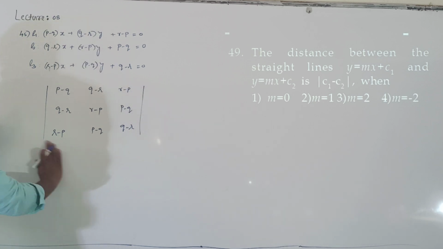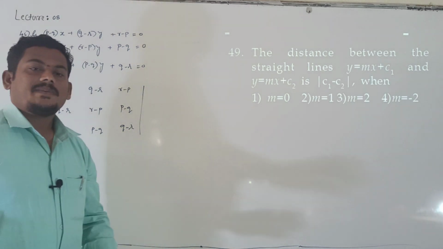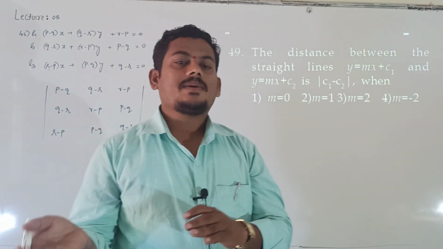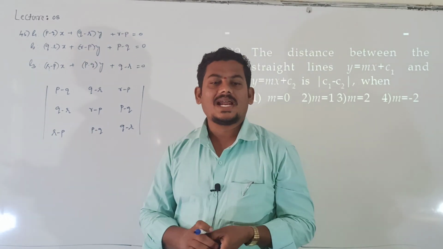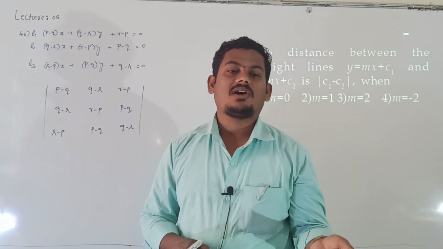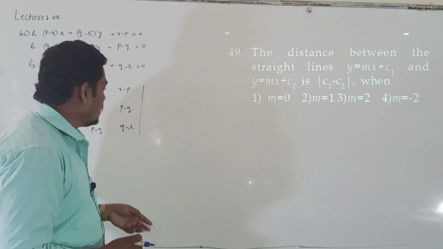Just expand this determinant. If you get 0, then concurrent lines. If non-zero, then check whether they are sides of an equilateral triangle, right angle or isosceles.